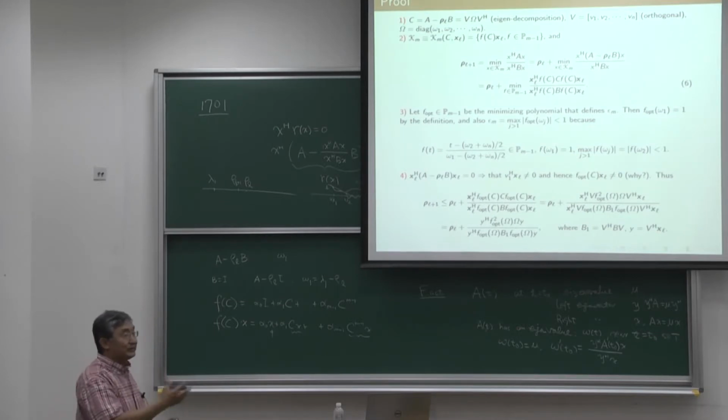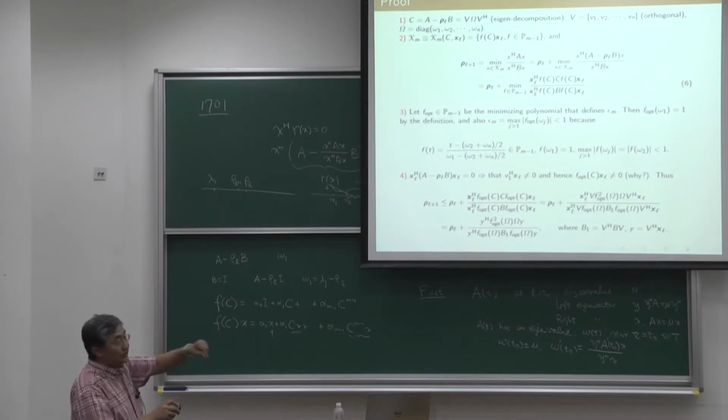So this step is key. It's standard practice, going from vector to polynomial. There's a minimization, and one polynomial is optimal. We don't know what it is, but it always exists. So we're going to say f opt is a minimizing polynomial.